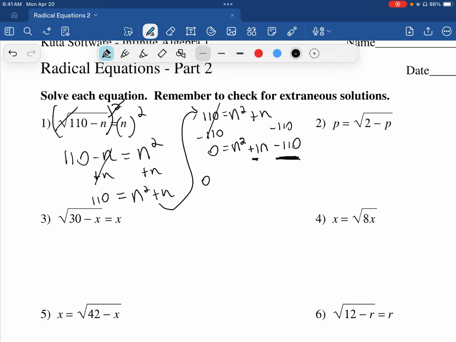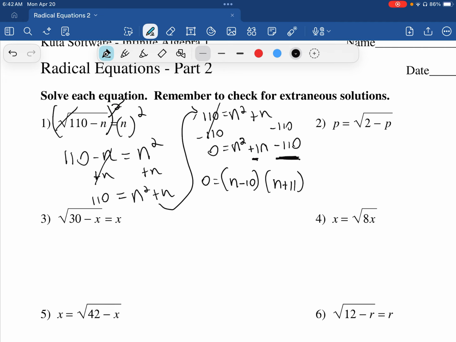So we can say 0 equals a pair of two numbers, right? And I'm noticing 10 and 11. 10 and 11 multiply to get 110. One of them has to be negative and one has to be positive in order to multiply to a negative number. Which one needs to be positive so that when you add them, you get a positive 1? The positive one would have to be the 11, and the negative one would have to be the 10.